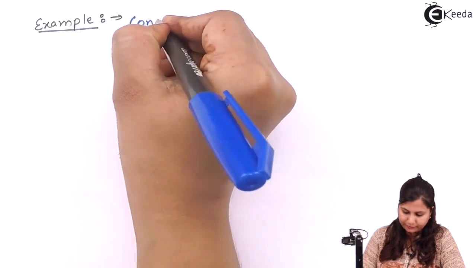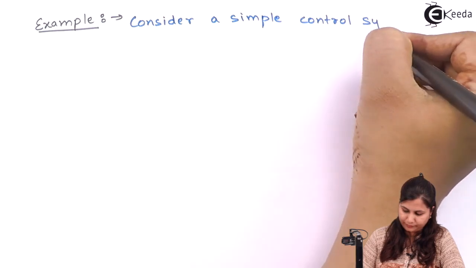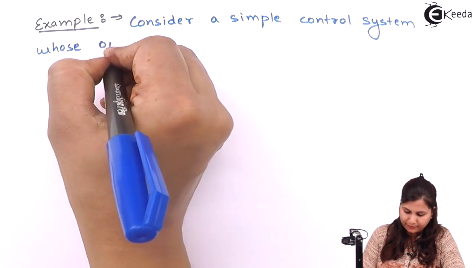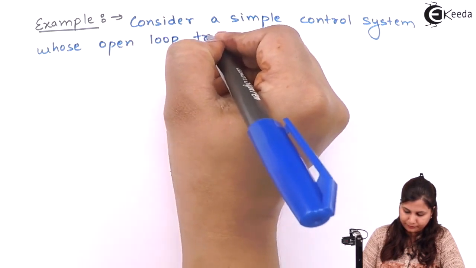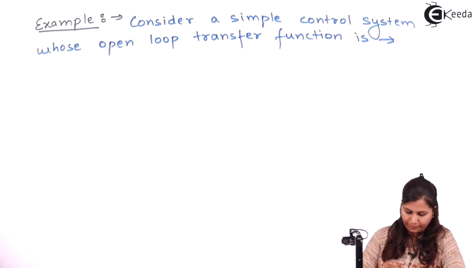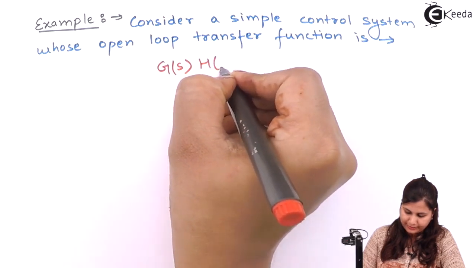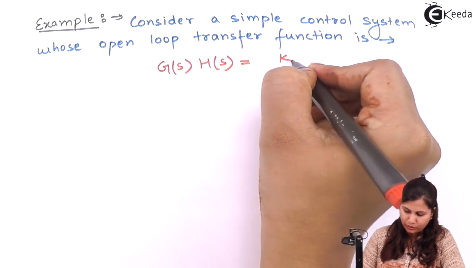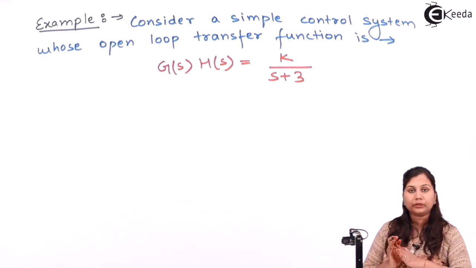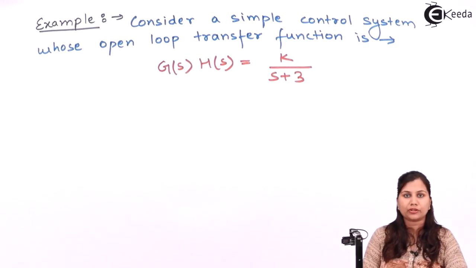Consider a simple control system whose open loop transfer function is given, that is G(s)H(s) equals K upon (s plus 3). Okay. Now we know that the root locus can be plotted using the closed loop transfer function of the system.